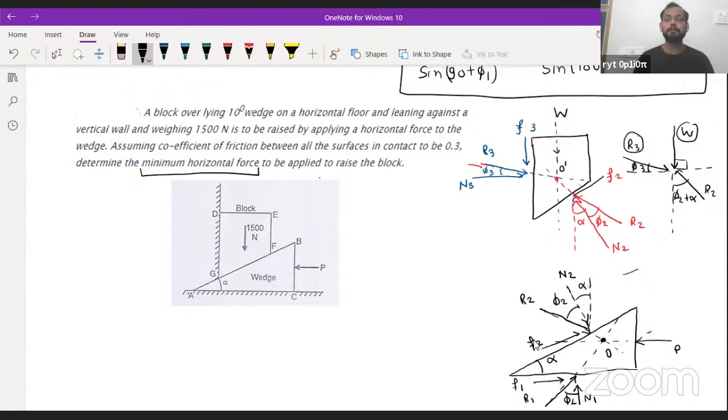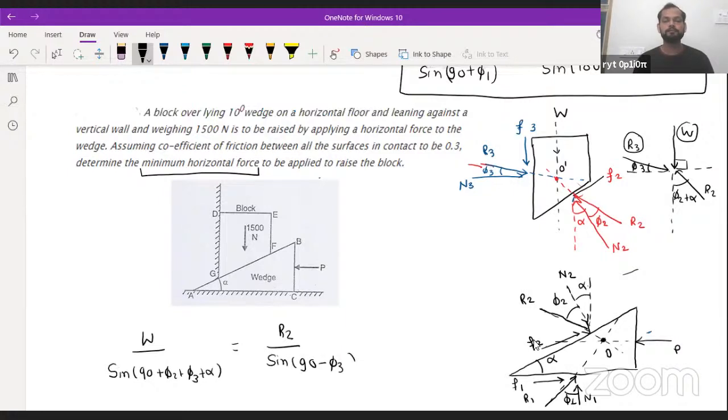That means we can write here W divided by sine (90 plus phi2 plus phi3 plus alpha) is equal to R2 divided by sine (90 minus phi).